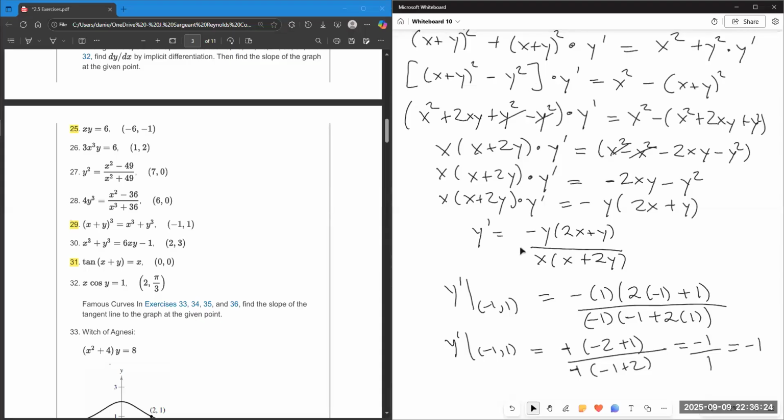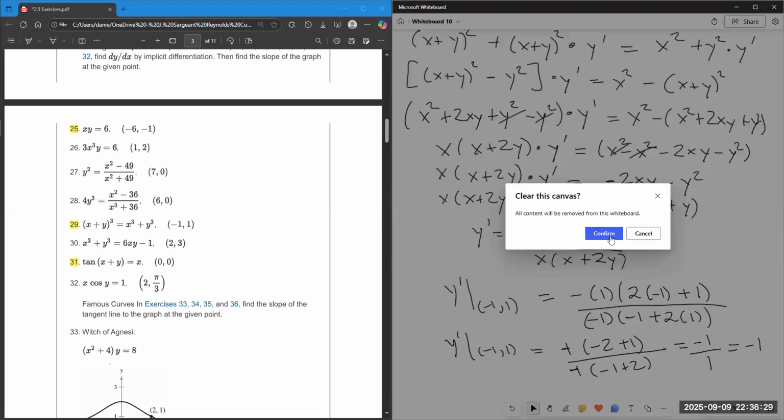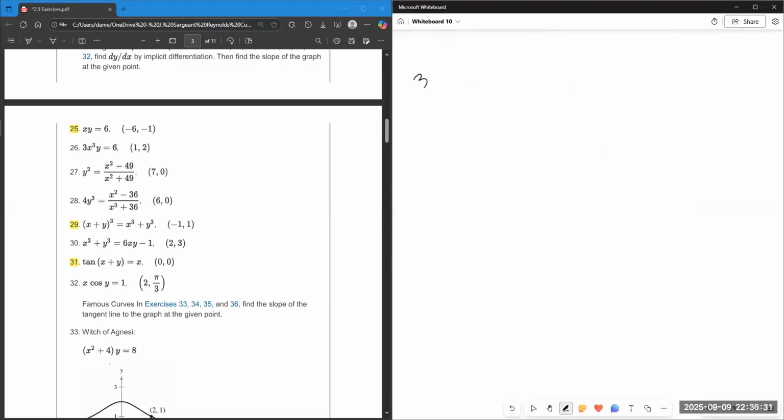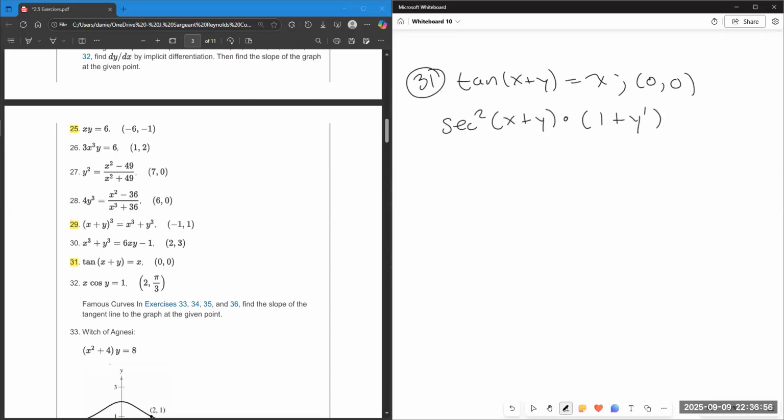All right, let's move on now to number 31. Number 31 says tangent of x plus y is equal to x at the point 0, 0. So the derivative of tangent is secant squared times the derivative of the inside, which is 1 plus y prime.